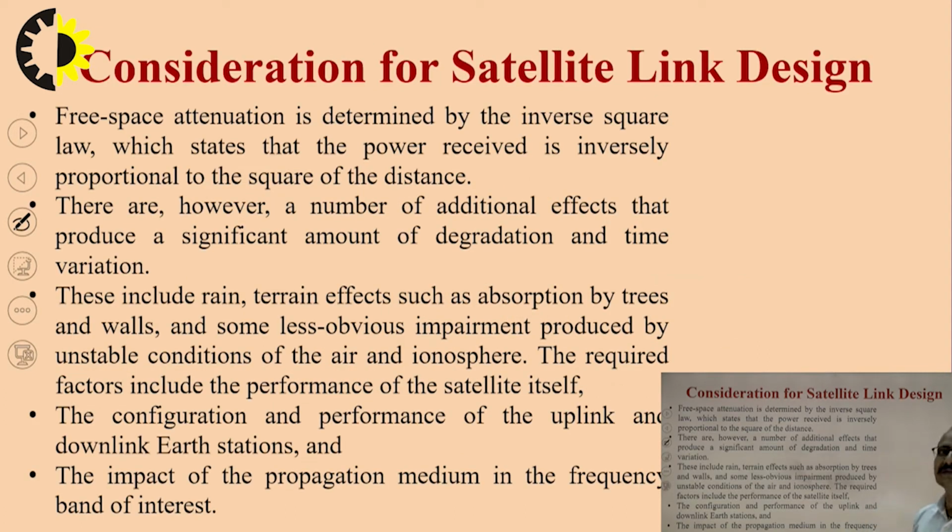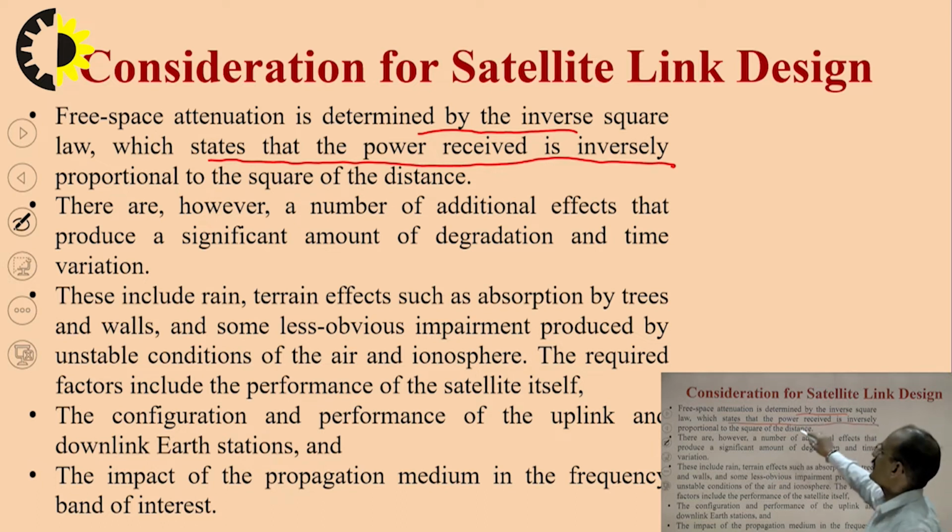Now the basic consideration for satellite link design: here you can see that free space attenuation is determined by the inverse square law, which states that the power received is inversely proportional to the square of the distance. Means when we are designing this satellite link, we have to consider various things. The main thing is related to the attenuation. Attenuation is basically the degradation in signal due to the atmospheric conditions.